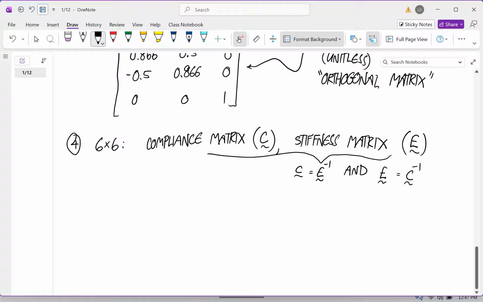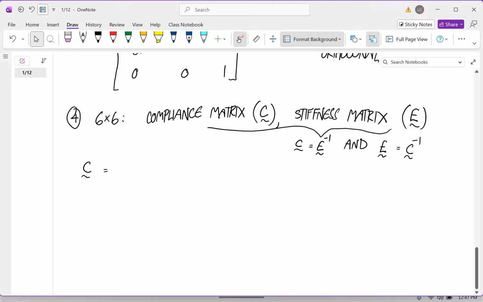And the compliance matrix looks like this. For the first row, we have 1 over E, negative Greek letter nu over E, negative nu over E, and then 3 zeros.